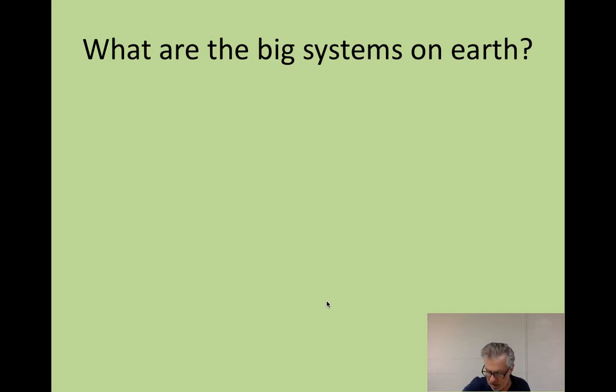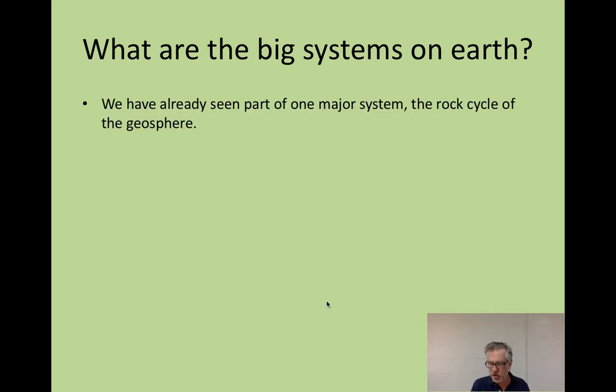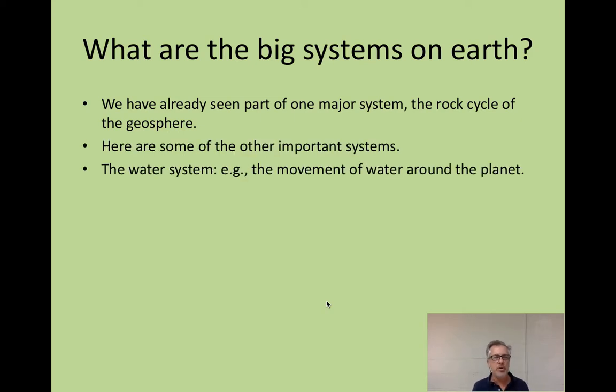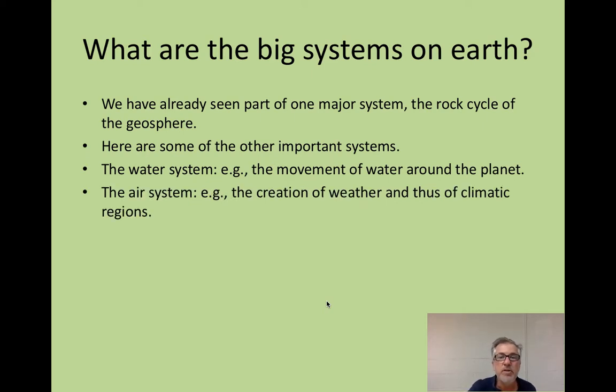So the big systems on Earth, right? We've already seen the rock cycle as part of the geosphere. But some other important cycles are, of course, the water system, which I've been calling the hydrosphere, the movement of the water around the planet. The air system, for example, the atmosphere, that's where weather is created, and the average weather conditions lead us to climatic conditions, and we know that climate can be similar over broad areas, even though they're in different parts of the world.